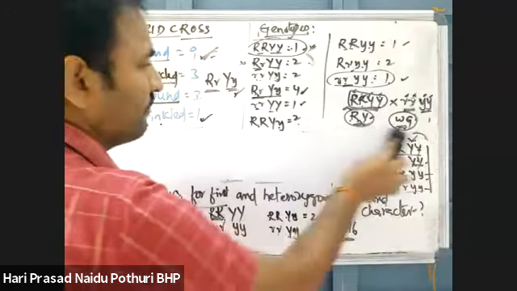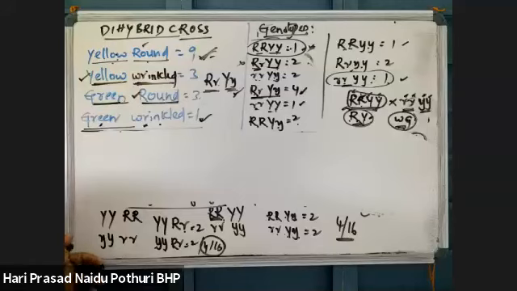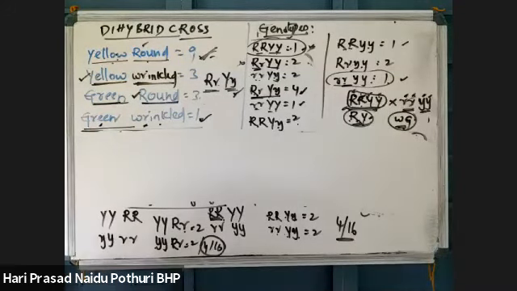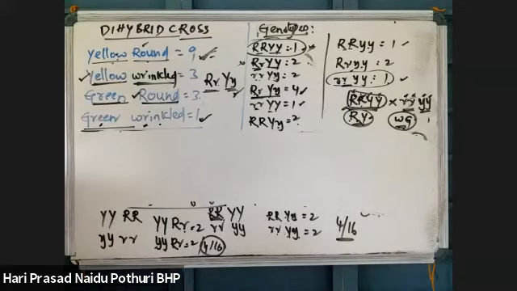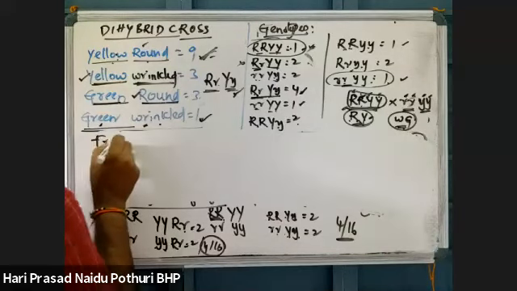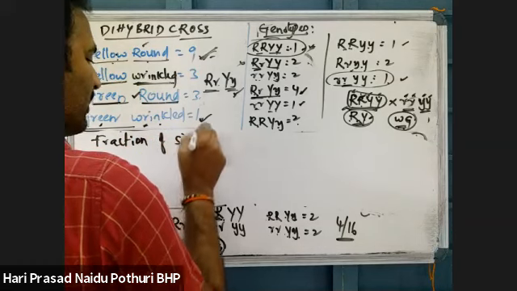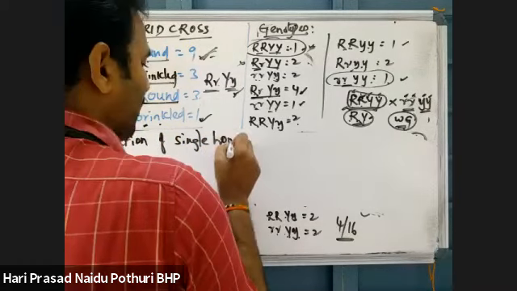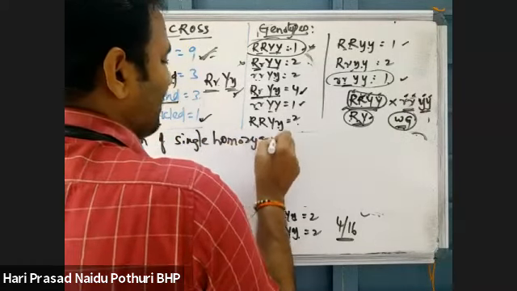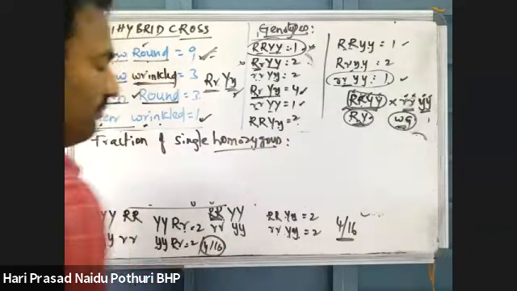Next. What is the fraction of single homozygous? Homozygous for one character.